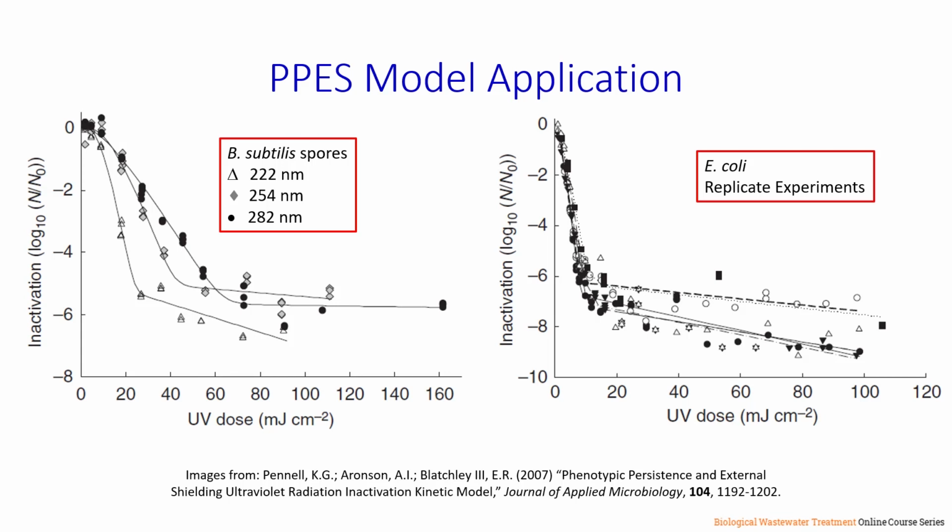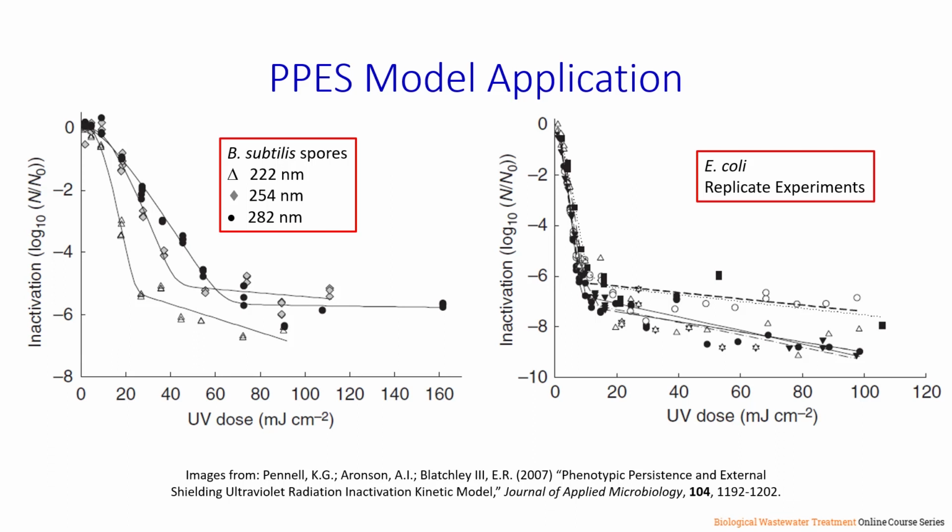So on the panel on the left, we see the response of Bacillus subtilis spores. These are bacterial spores that are commonly used in experiments to characterize the behavior of UV reactors, and they tend to be relatively resistant to UV exposure.